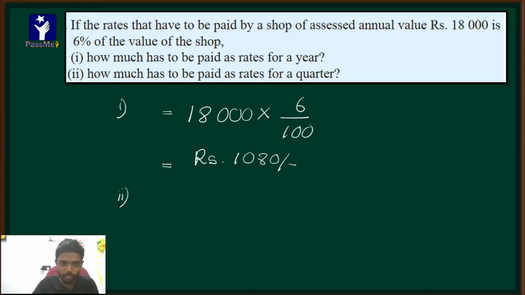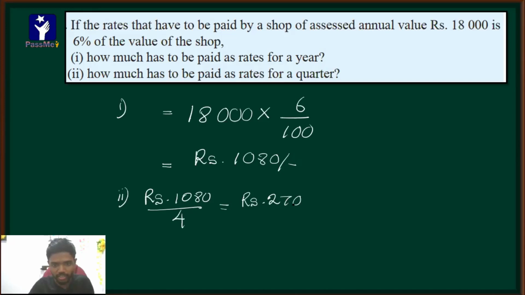For part 2, it should be divided by 4 in order to calculate the rates which have to be paid for a quarter, which is 270. So that is the final answer. This is actually a 2 marks question in the exam.